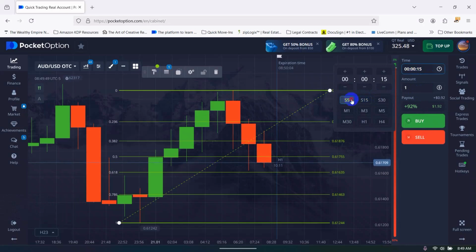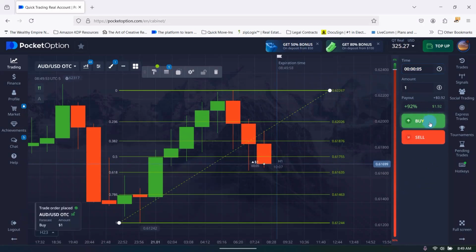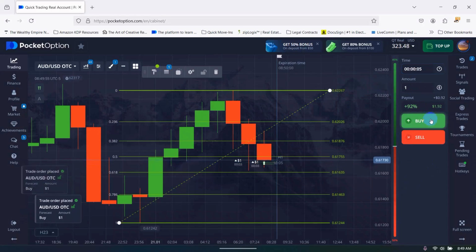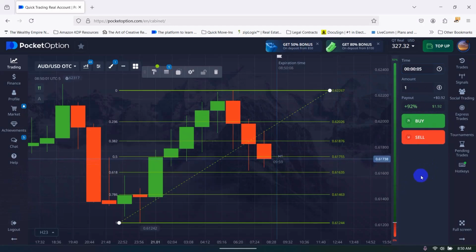Okay. Let's see if we switch it back to 5. 27. We want to see it push down some more. Push down. See if that one goes. Push it back up.